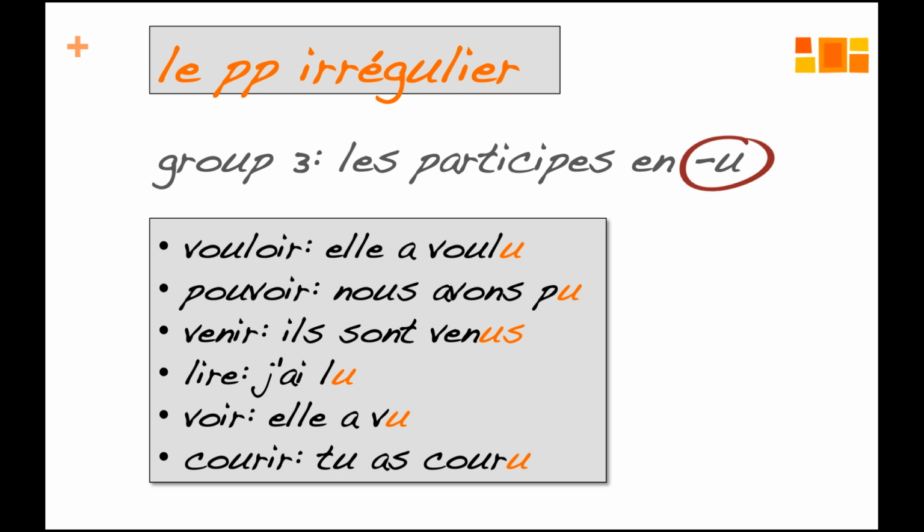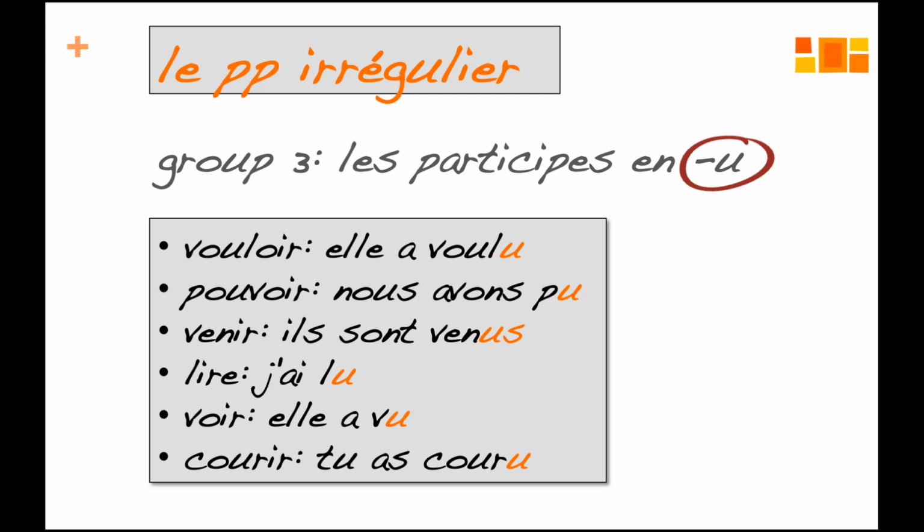And then there is venir, ils sont venus, and this is already like a little something of the second video, because ils sont venus, this is produced with être, and you see that it has an s at the end, which is only because it's plural. The basic form, the basic past participle of venir is venu, avec un u à la fin. So forget the s, it just needs to be here because this is plural.